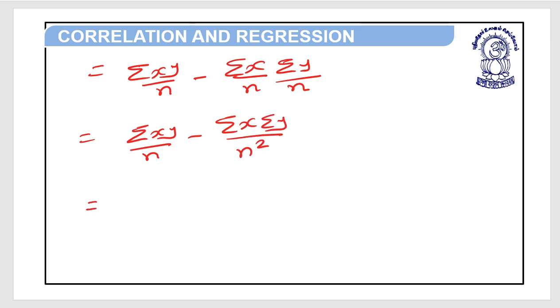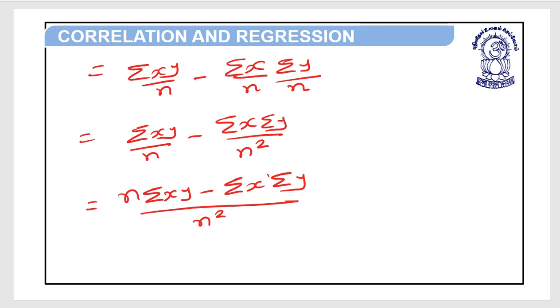So here you can multiply with n in sigma xy minus sigma x into sigma y upon n square. Okay, so it becomes covariance of xy.